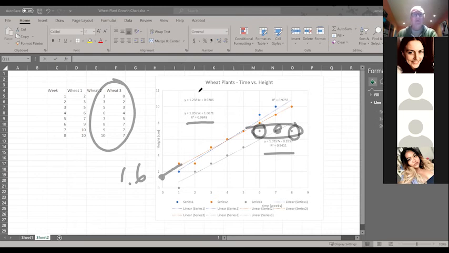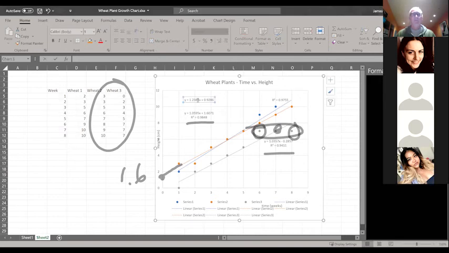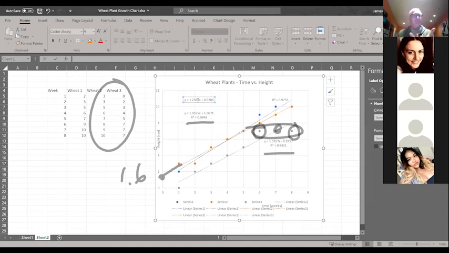So what you might want to do is mark which one is which. You put them in different colors. You could change the color of each one of these, or you could change the font or something to let you know that this one is series 1, this one's series 2, this one's series 3.